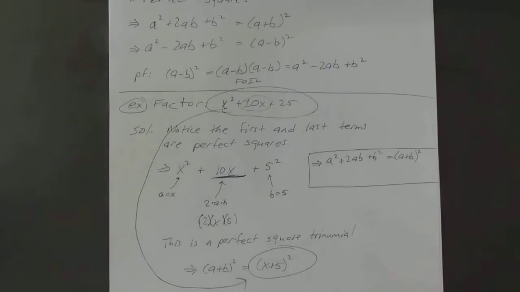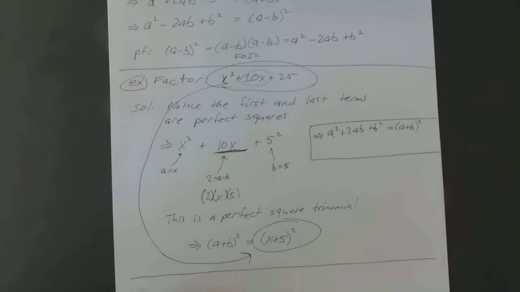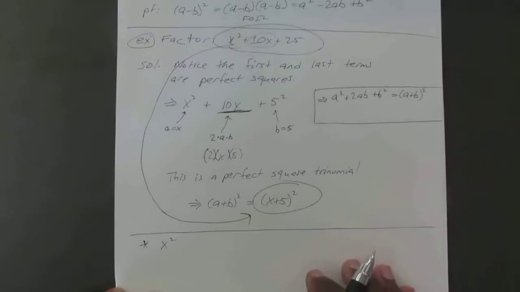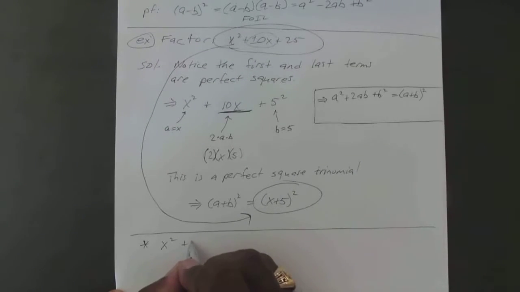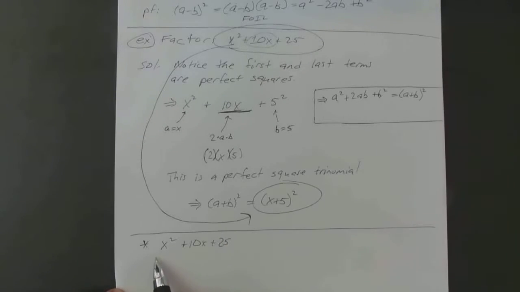Now, of course, you could have also used x squared plus 10x plus 25. Since there's nothing in front of the x squared, you could have had two numbers that multiply to equal your c, and those same two numbers add to equal your b.